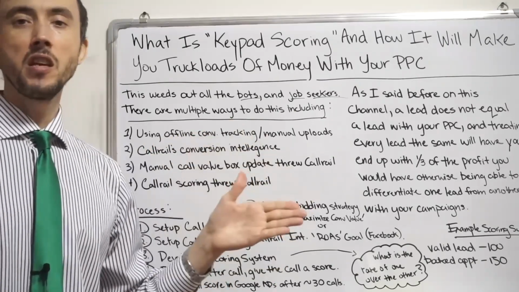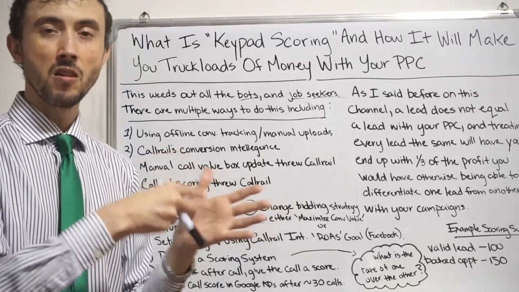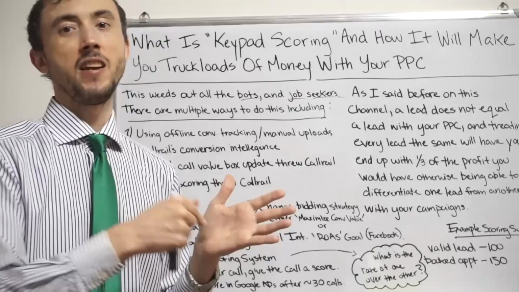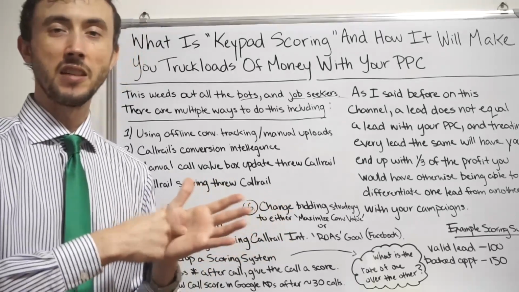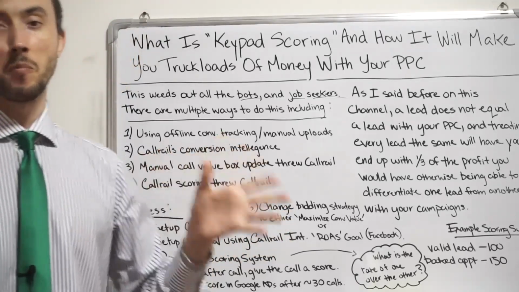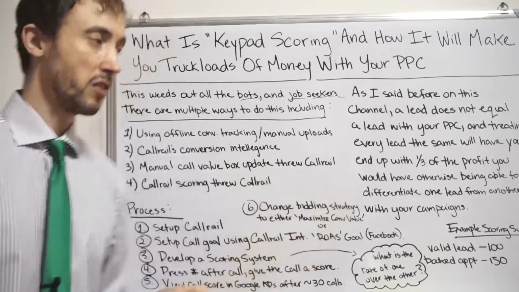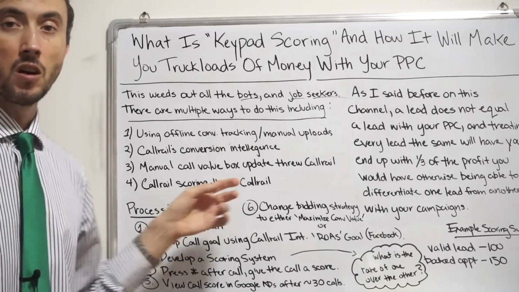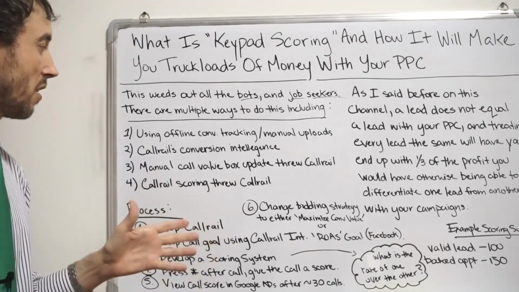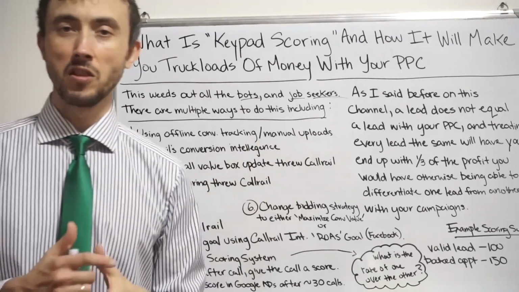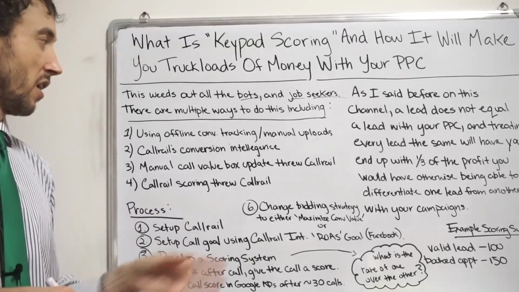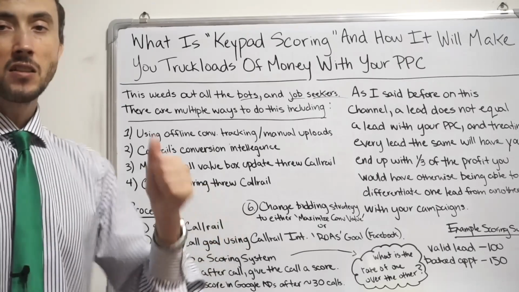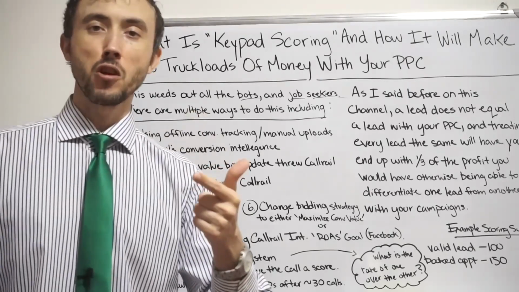And if you don't hear them hitting the star key at the end of the call, which you can tell by the little tone you hear when you hit a number on your phone, which indicates that they scored the call, then you've got a problem. You've got to go back to your salespeople. And I would just basically say, easy way to fix this: if you did not score the call, you do not get your commission.